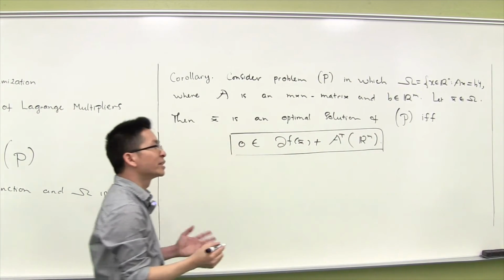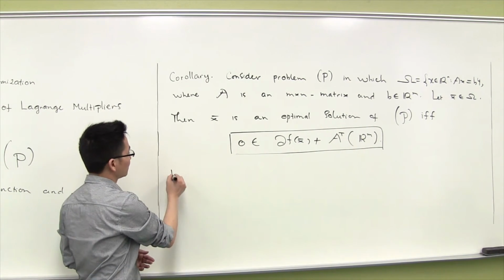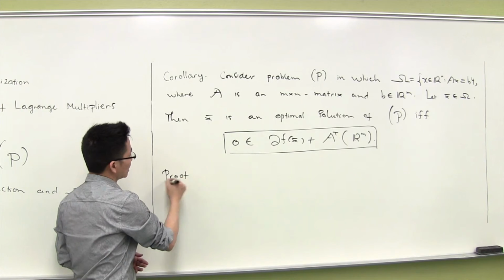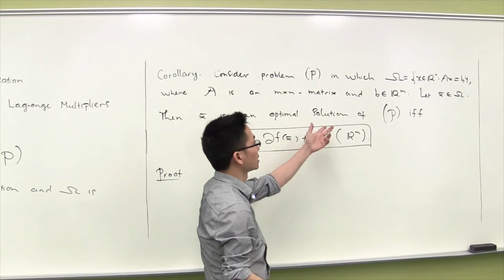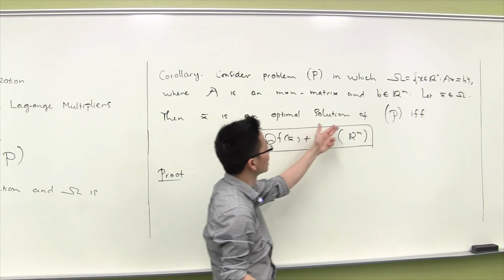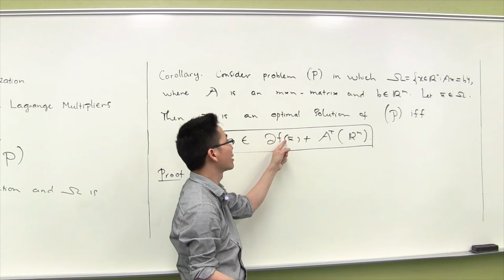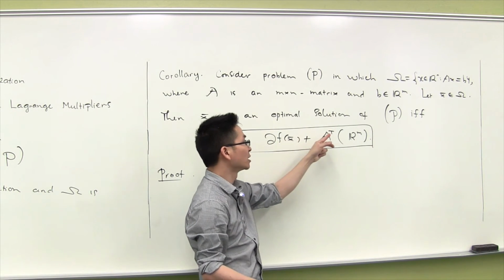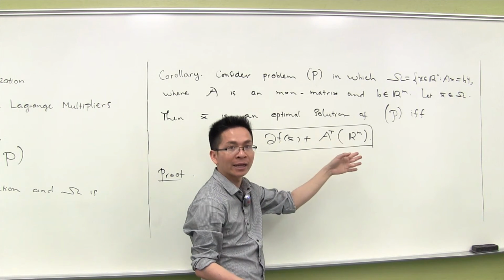The proof of this corollary is very, very simple. From the result we got earlier, we see that x bar is an optimal solution of P if and only if 0 belongs to the sum of the subdifferential of f at x bar and the normal cone to the set omega at x bar.